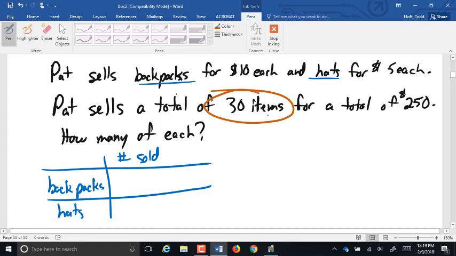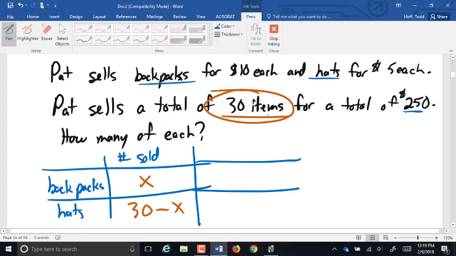So in this case, there isn't one that obviously has to be known first to figure out the other. So we're just going to pick one. We're going to let the number of backpacks sold be X. Once we know that, we can find the number of hats sold because it's just the total minus the backpacks. So 30 minus X has to be the number of hats sold.